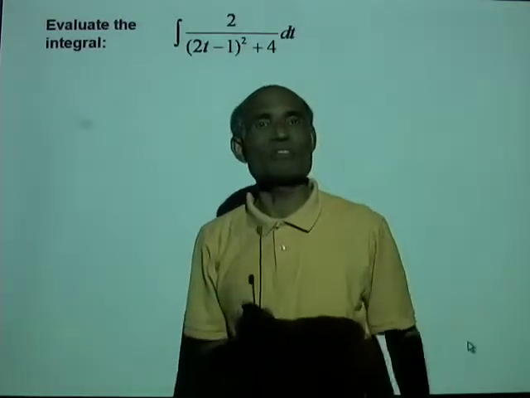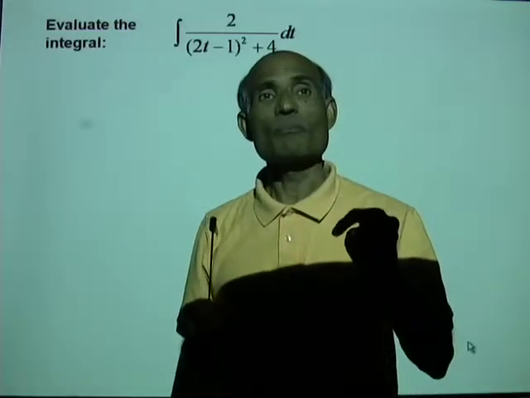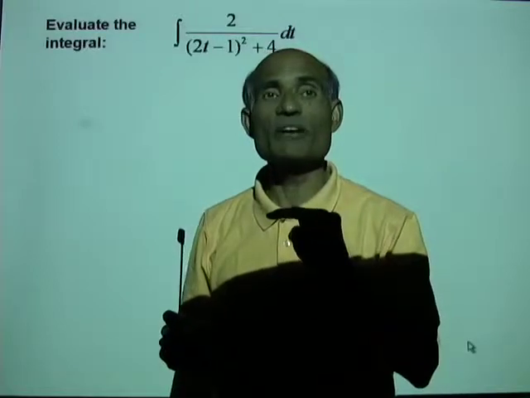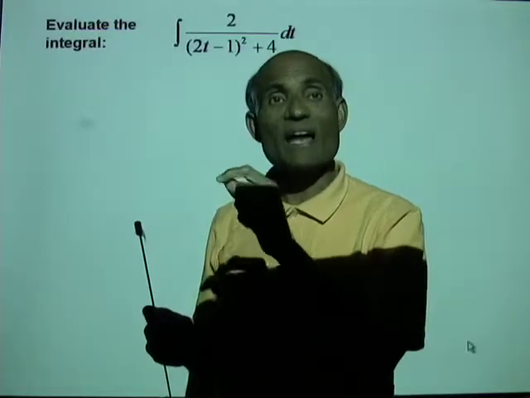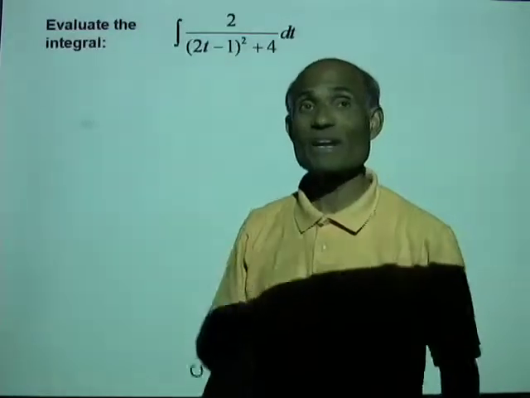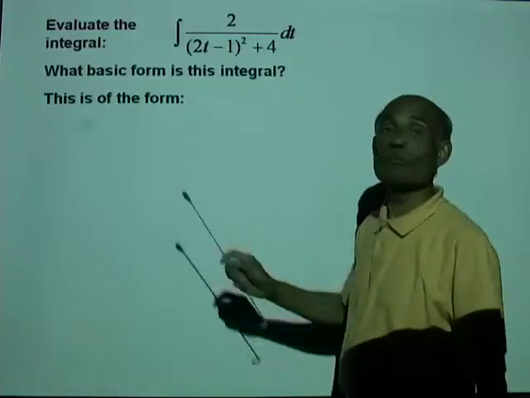Which integral is that? The integral of 1 over (a squared plus x squared) dx equals 1 over a times arctan of x over a, plus c. Now look back and learn these forms. So what basic form is this?